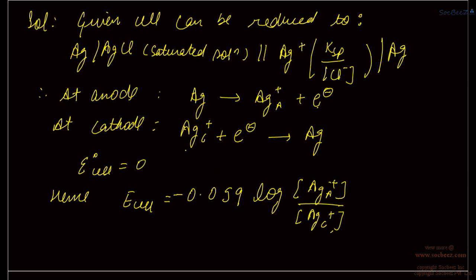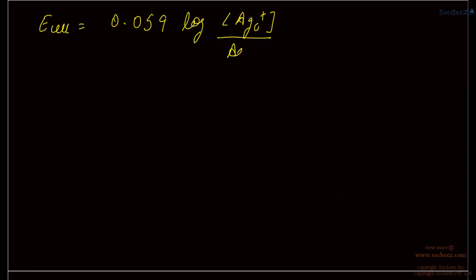Only one mole of electron is accepted or ejected at cathode or anode. So E cell equals minus 0.059 log of Aga positive upon Agc positive. Now, rearranging the log, we get the value of E cell as 0.059 log Agc positive upon Aga positive. So this is the value of E cell that we have obtained so far.